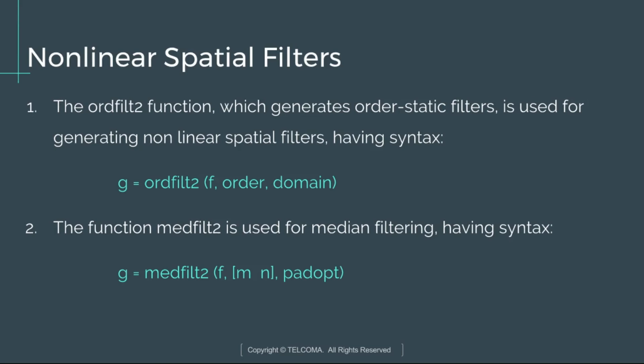The tuple mn defines a neighborhood of size m cross n over which the median is computed, and padopt specifies one of three possible border padding options, that is zeros, which is by default, symmetric, in which f is extended symmetrically by mirror reflecting it across its border, and indexed, in which f is padded with ones if it is of class double and with zeros otherwise. Median filtering is a useful tool for reducing salt and pepper noise in an image.